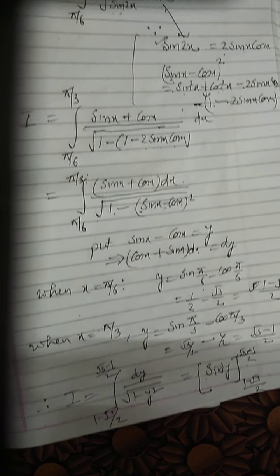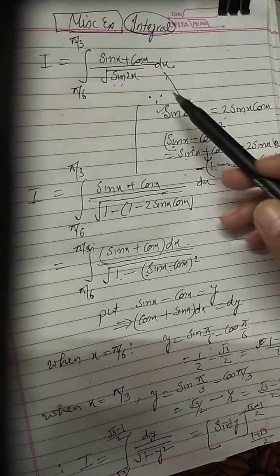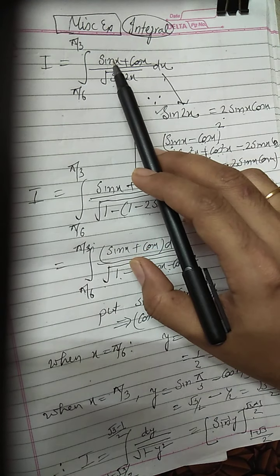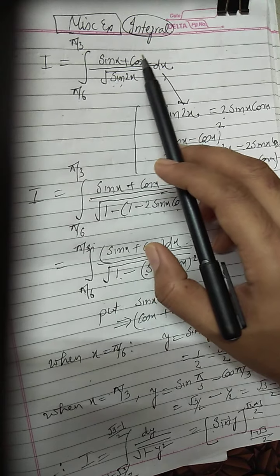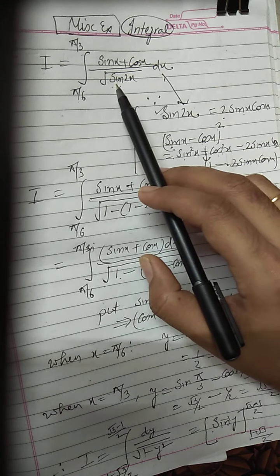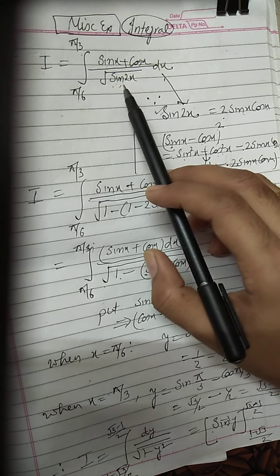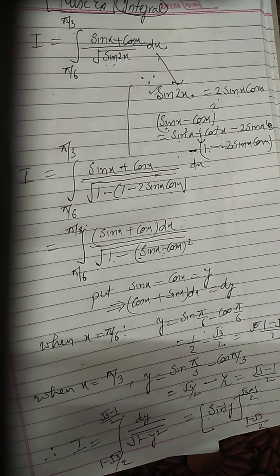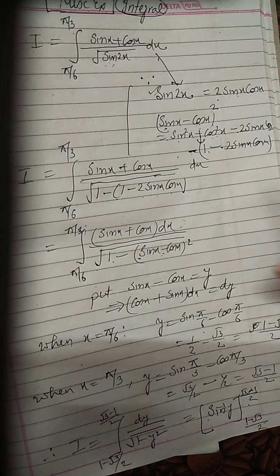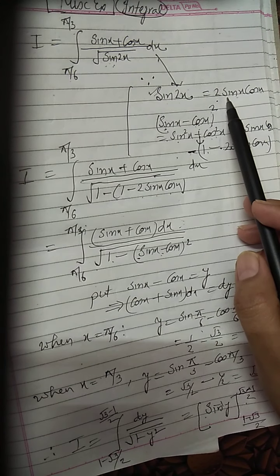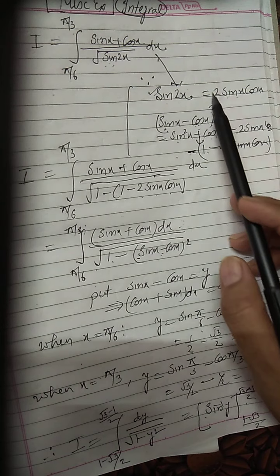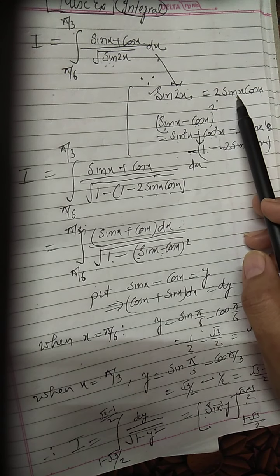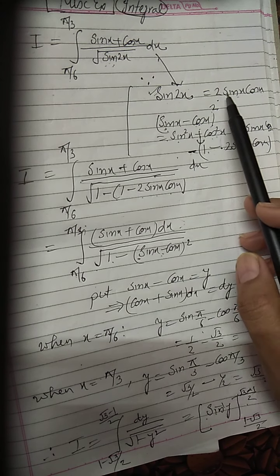Before going to the next page, let me tell you again what we have done, because we are not getting any connection between, in the numerator we have sin x plus cos x, denominator is product of terms. So this product of terms, if I can write as the sum of terms, then our problem will be simplified. So for that, we know sin 2x can be written 2 sin x cos x, and this thing when I will get, if I have sin x plus cos x whole square, or if I have sin x minus cos x whole square.